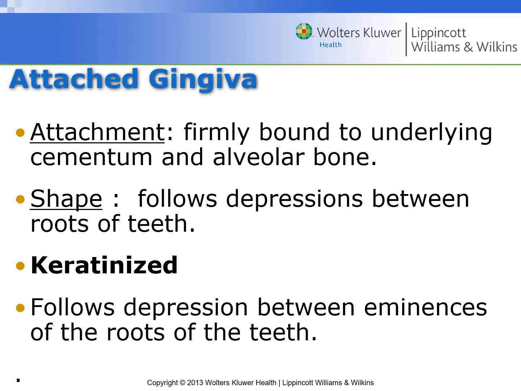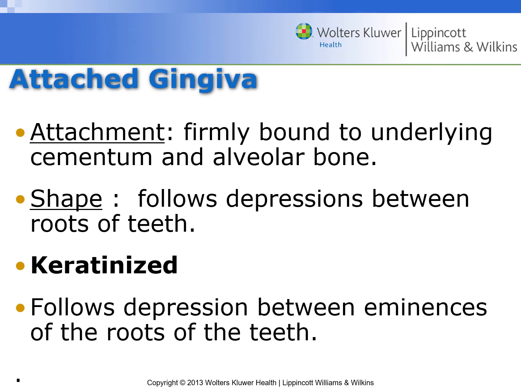Attached gingiva. Attachment means it's firmly bound to the underlying cementum or bone. The shape follows the depressions between the roots of the teeth. They kind of go up and down between your roots. It is definitely keratinized. It's much thicker. It's not movable.